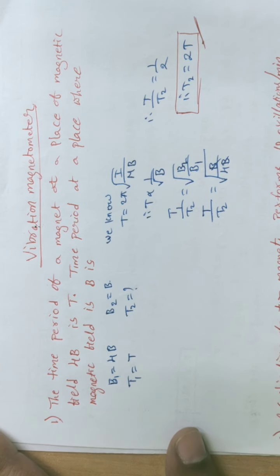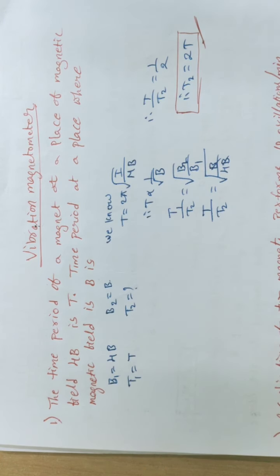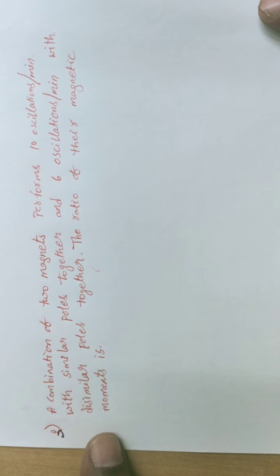Then one more problem now I am starting. See students, this is a simple question. A combination of two magnets performs 10 oscillations per minute when similar poles are together and 6 oscillations per minute with dissimilar poles together.